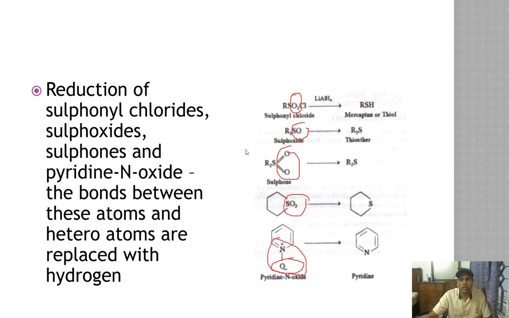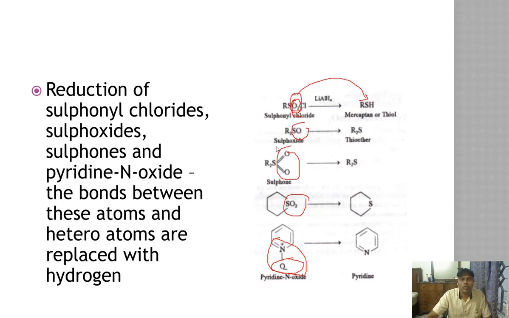So what are you going to get? You are going to remove the oxygen over here, and with that oxygen as well as this chloride group, you are going to replace that with hydrogen. So from sulfonyl chloride, you are going to get the mercaptan or thiol group.